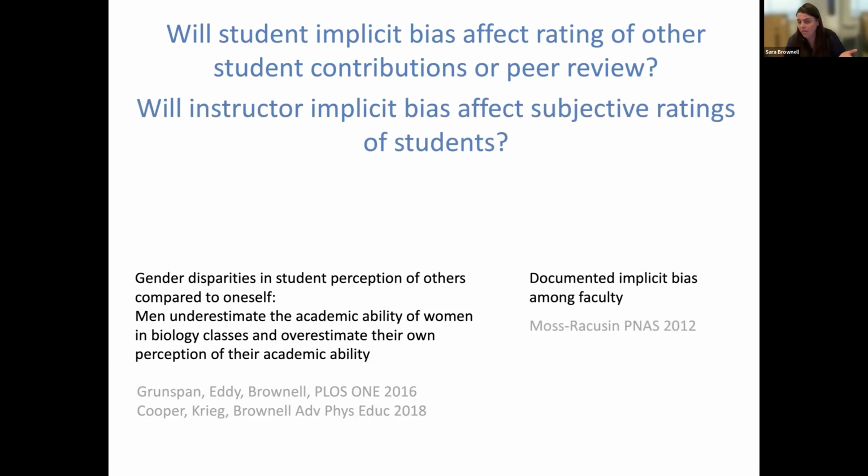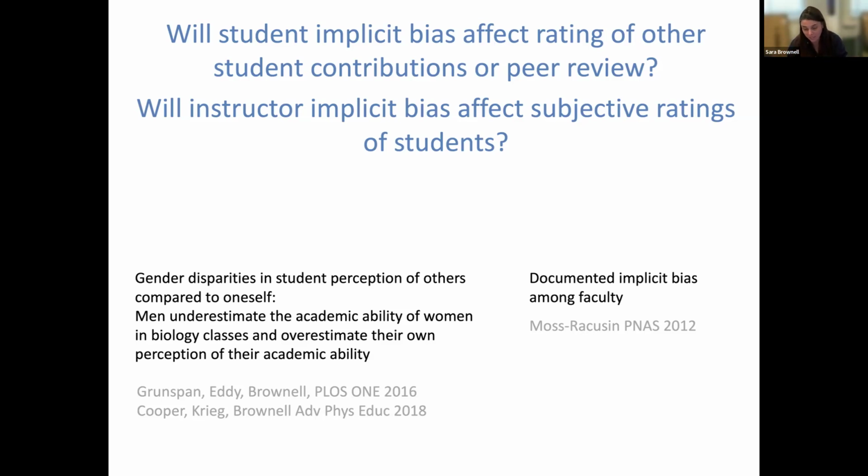There's also implicit bias. We all have implicit bias. So this is, you're maybe not conscious of your bias, but it could affect anything that's subjective. If you are evaluating someone's writing, if you're evaluating their oral presentation, if you're evaluating whether someone's participating at the same rate as someone else, right? We have to be conscious that there's been implicit bias documented among faculty, both in terms of gender bias.